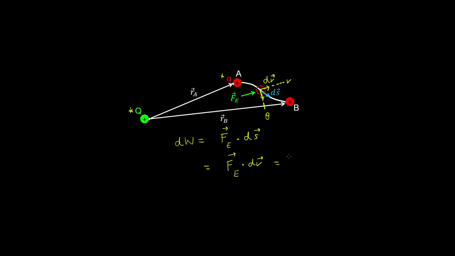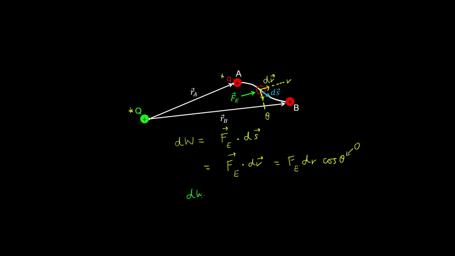And this is equal to the magnitude of the electric force by the magnitude of the component of the displacement vector in the radial direction by cosine theta, and the angle between these two is effectively 0, so cosine 0 is 1.